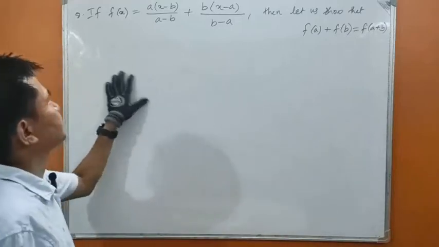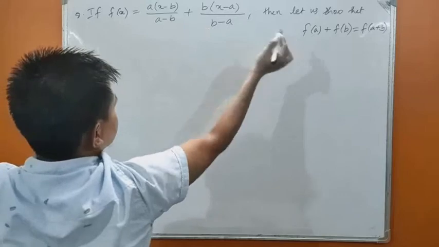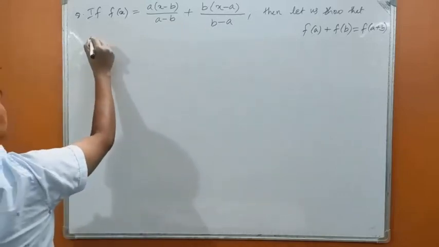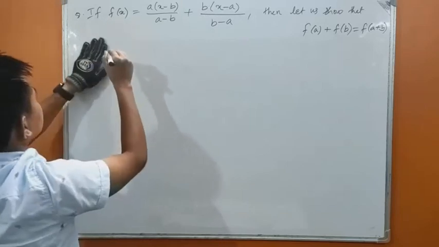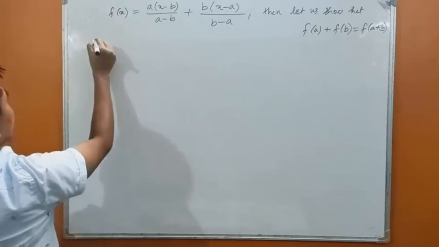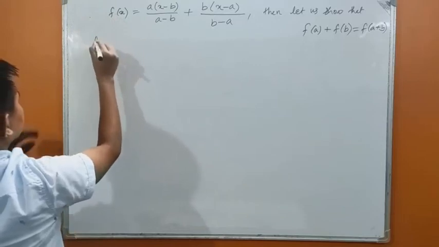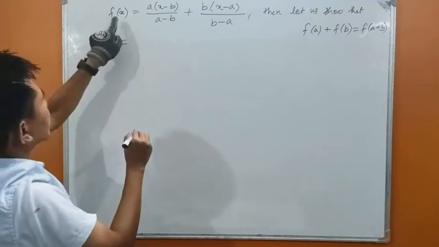Okay, let's begin. Since f(x) is this, we need to find the value of f(a). So f(a) will be, wherever we see x, we put a.